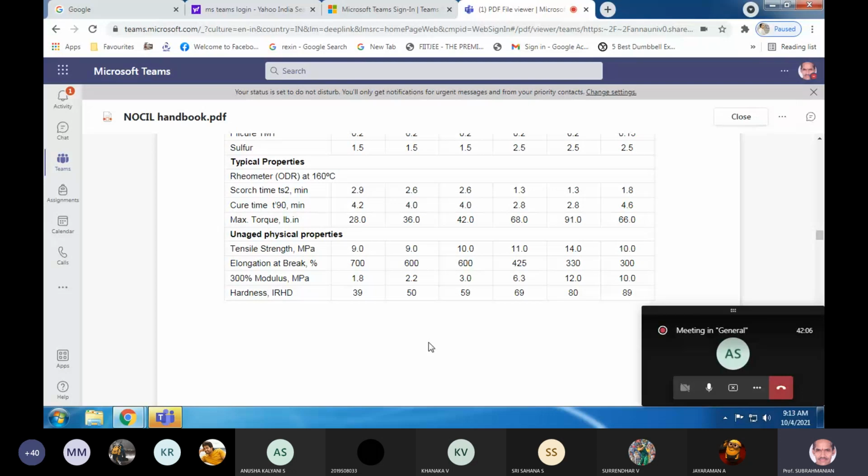And you have the physical properties. All along you may have studied that NR is the best polymer to have high tensile strength at room temperature. But what we see here is that they all have a tensile strength less than 15 MPa. Why so?